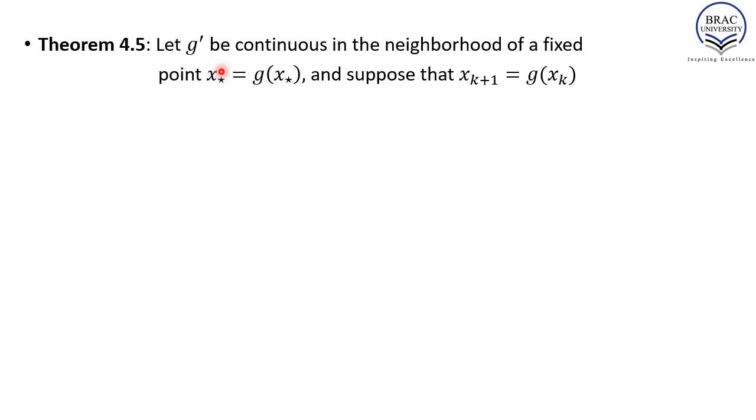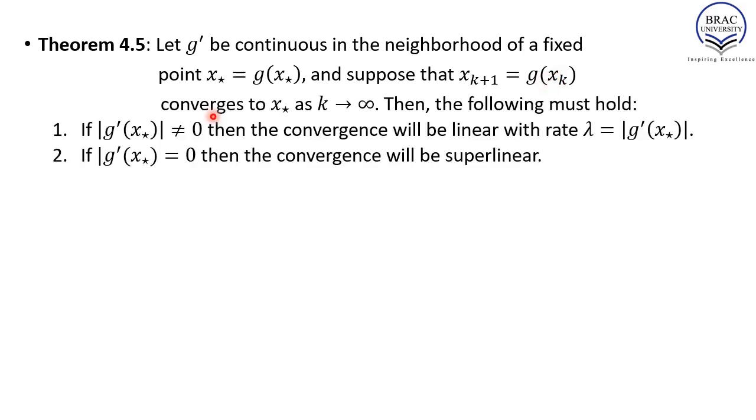That means x star is a fixed point, and near this point we assume that g prime is continuous. Suppose that the iteration x k plus 1 equals g of x k converges to x star as k goes to infinity. Then the following must hold.